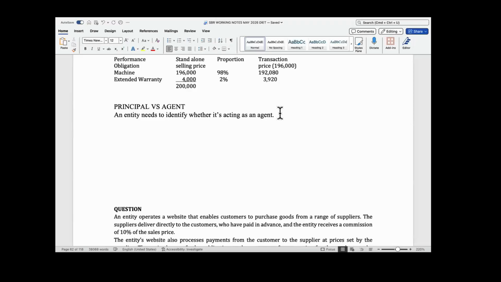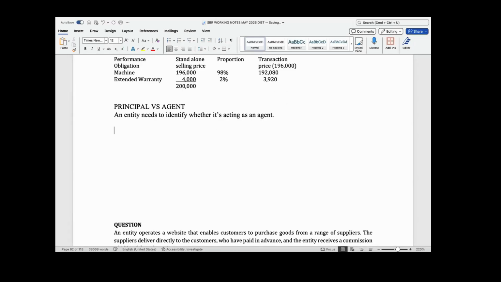So an entity needs to identify whether it's acting as an agent. An entity is acting as an agent if the following exists.